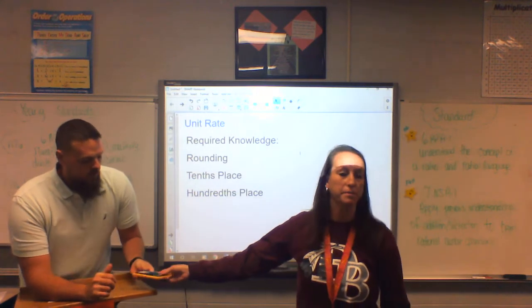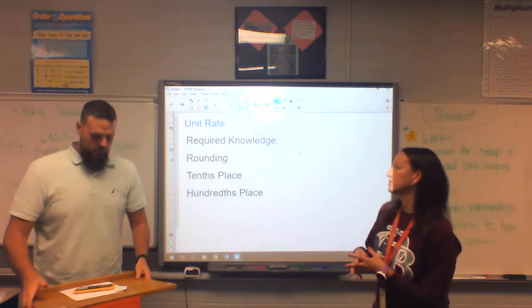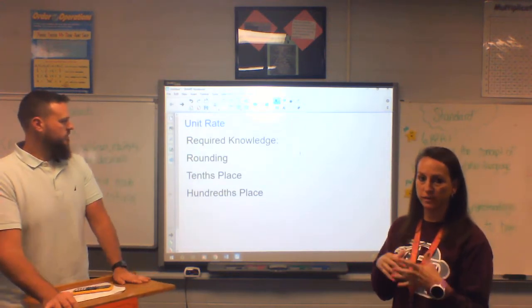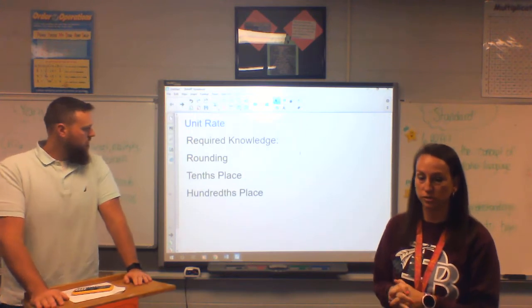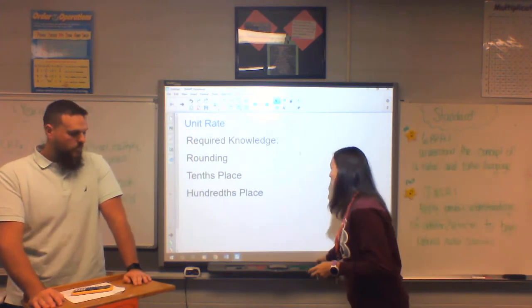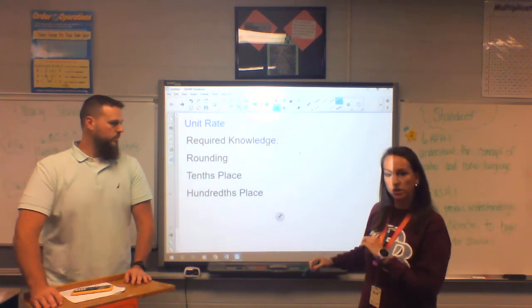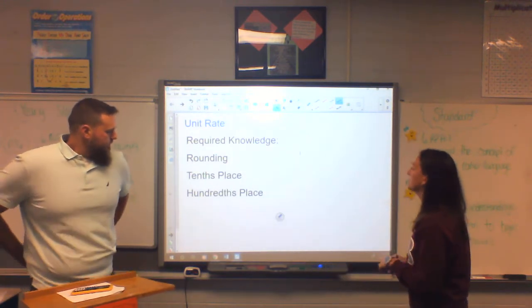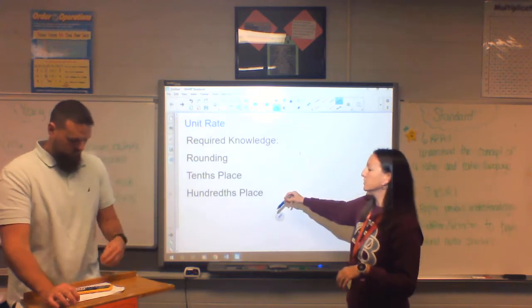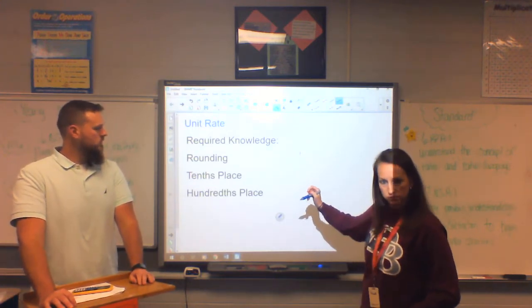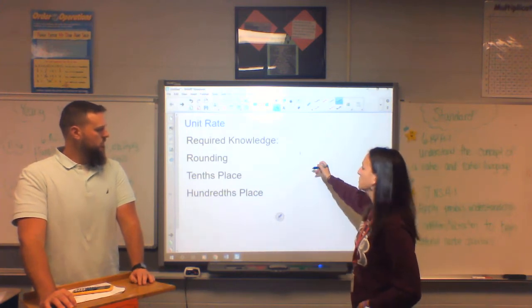All right, so before we can actually get into unit rate, there's three required skills that you need to be able to bring back up from younger grades. One of the very first things, hopefully you remember your rounding rules, but if not, we're going to go over them. We're going to deal with place value first because we did that this year, so that should be fairly fresh in your brain.